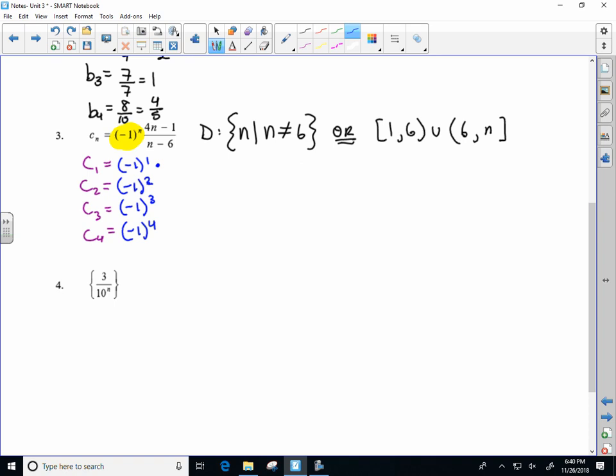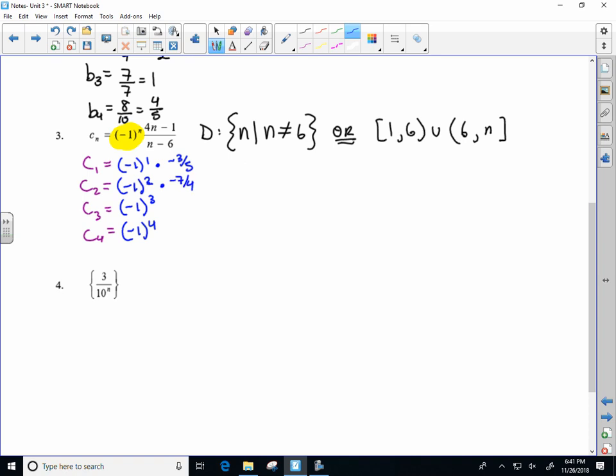If I plug in a 1, I'm getting 3 on top, and I'm going to get a -5 on the bottom. So -3/5. If I plug in a 2, I'm going to get a 7 on top and a -4, so -7/4.